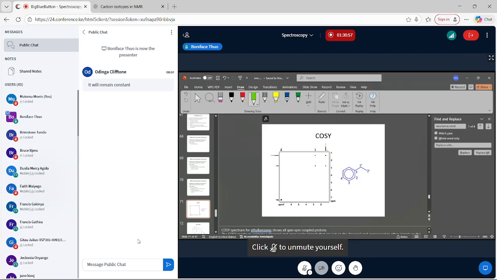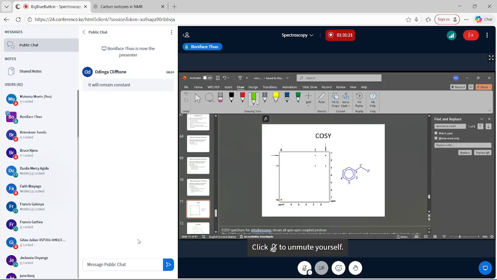So what we get from here is that we are able to see extra peaks, which we call cross peaks, which show us the two peaks that are coupled to each other. Protons producing this peak and the protons producing this peak are actually coupled.